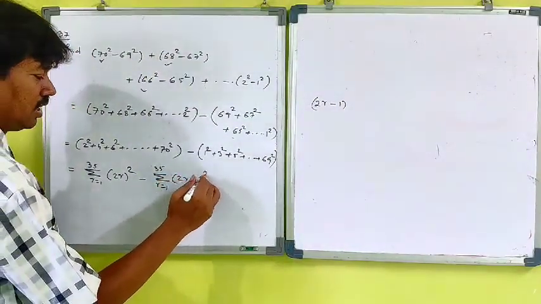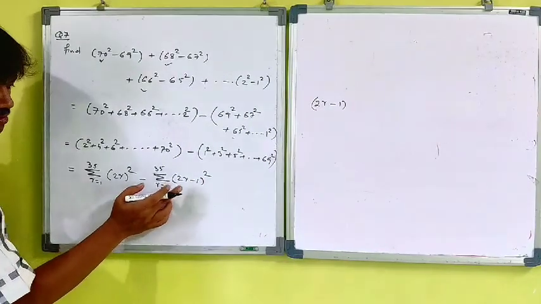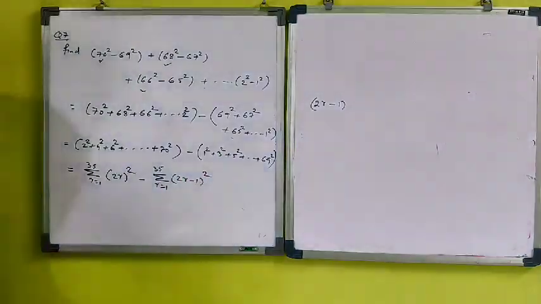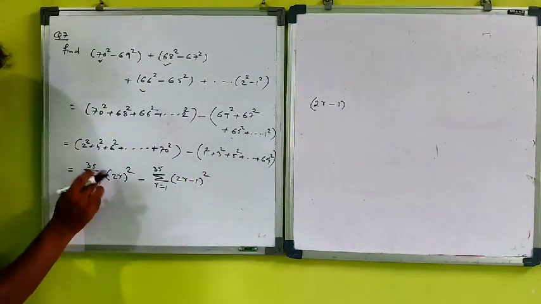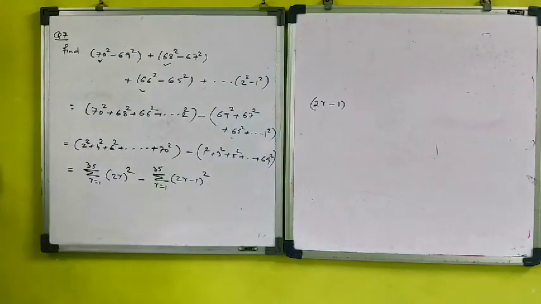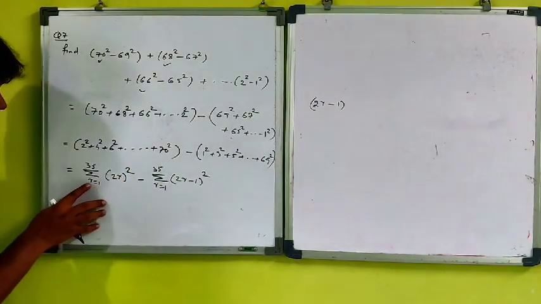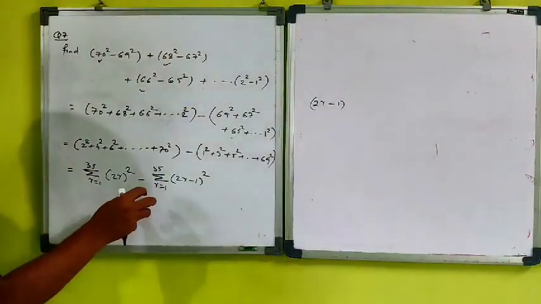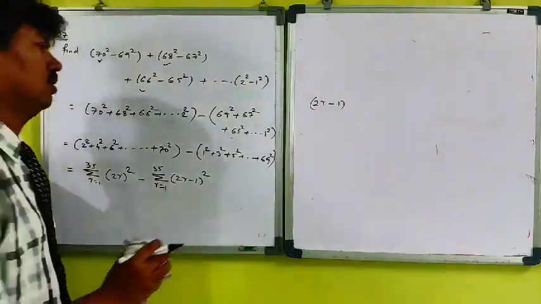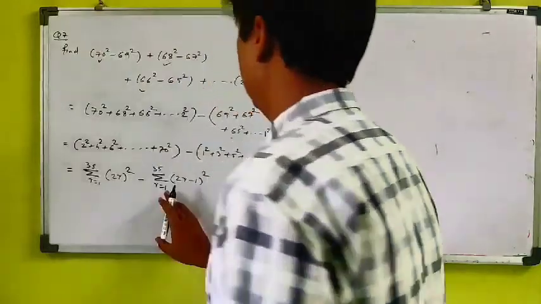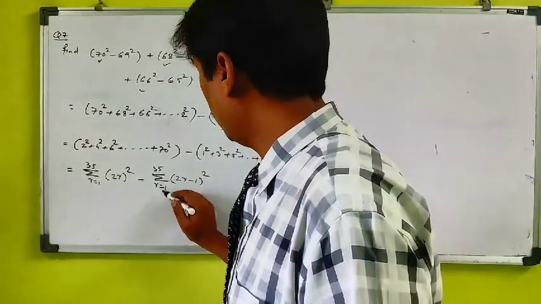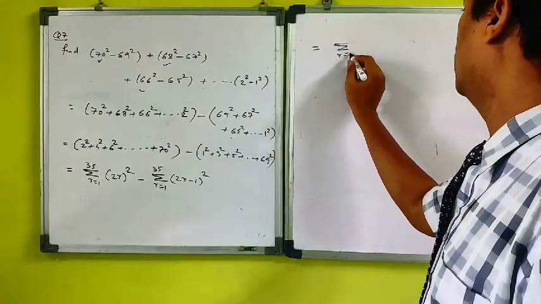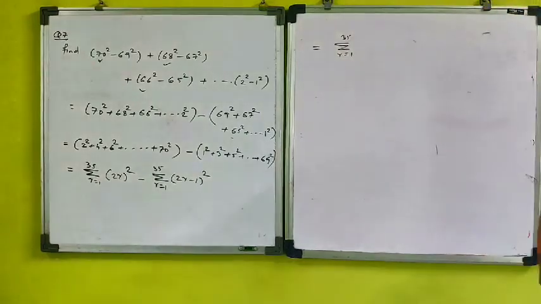So 2r minus 1 is the correct one. So it is (2r minus 1) square, because when the first number is 2 minus 1, it is 1 square. The last is 35, 70 minus 1, 69, so we call it 1. Same means here, 2 square, and add 35, that is 70. So now the matching is there. Since r is from 1 to 35 in both, we can take it common also, and subtract in one sigma, r from 1 to 35.